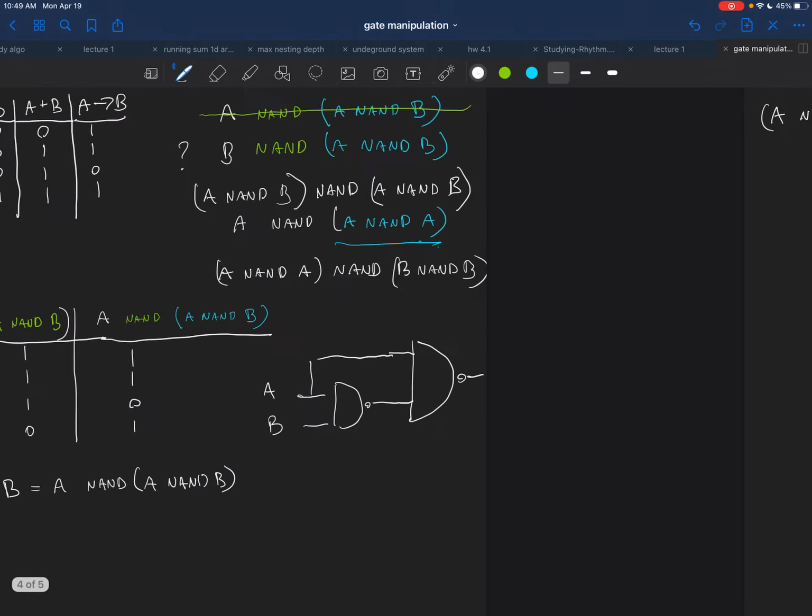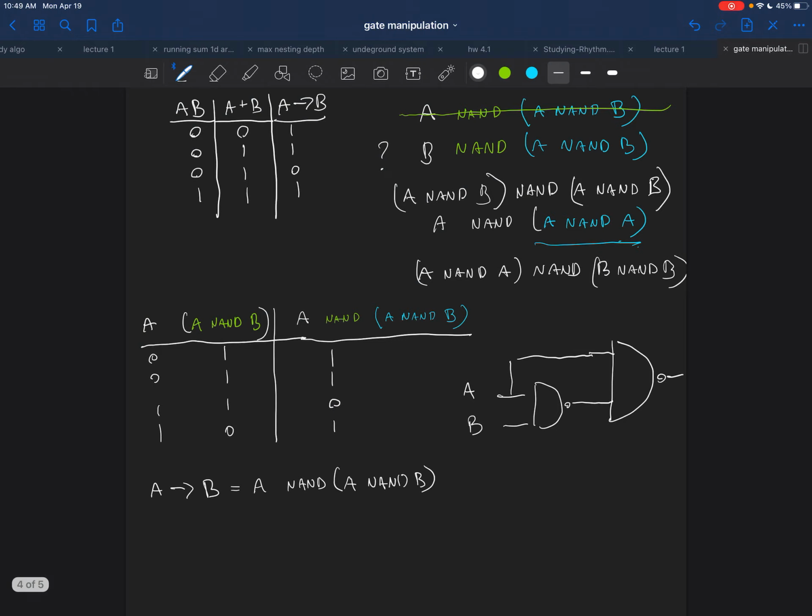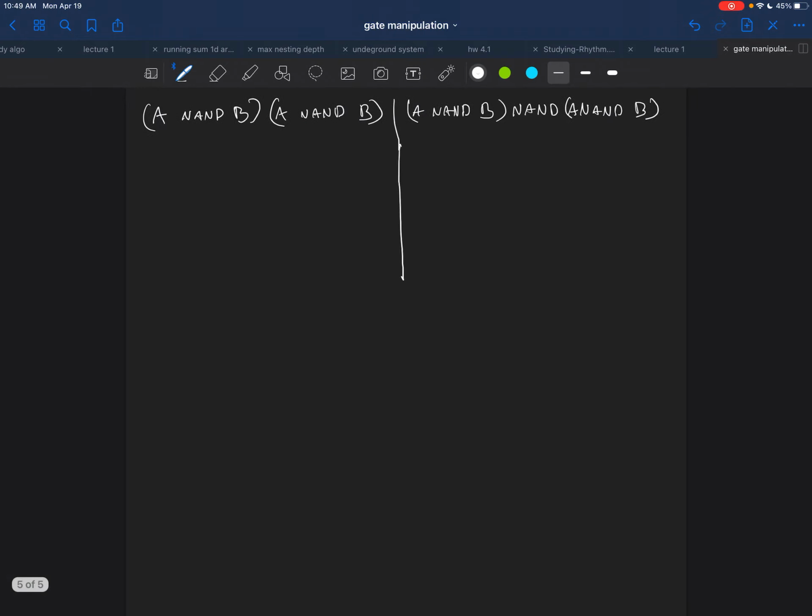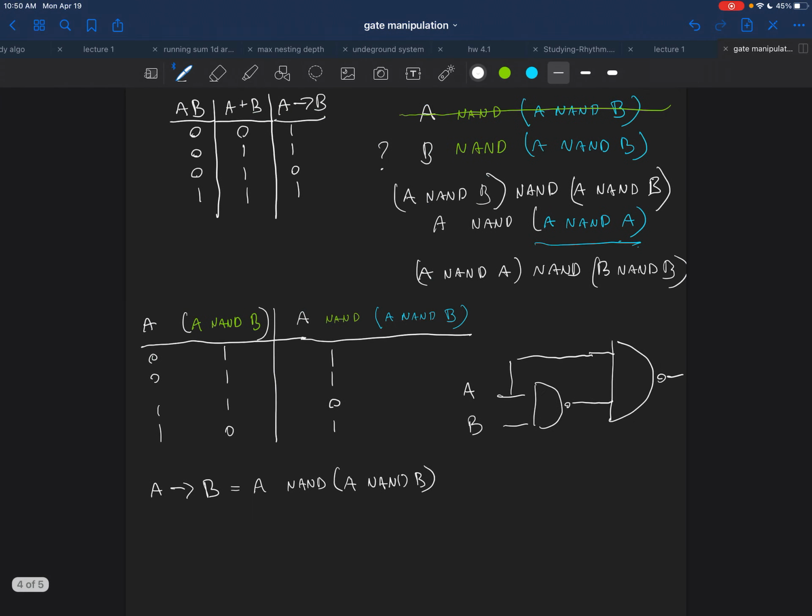Okay, so let's remember A NAND B is 1110, 1110, 1110. And since they are matching rows, these are going to be false, false, false, true. And does that help us? 0001? Sure, it does.